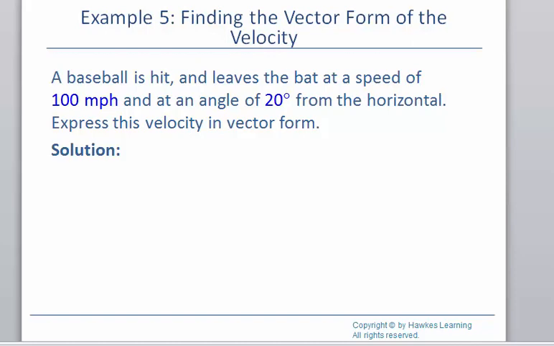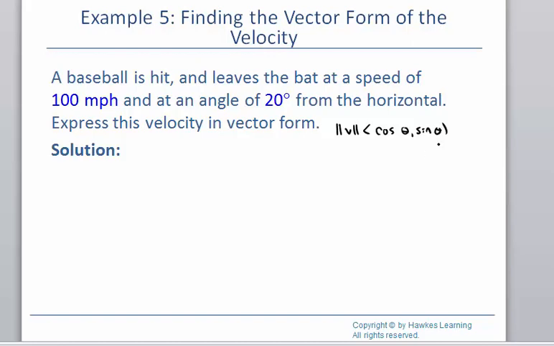In that case, we have a format for writing this as a vector. That format tells us to do the magnitude of our vector, which we'll call V in this case, and then we're going to have cosine of our angle, comma sine of our angle.